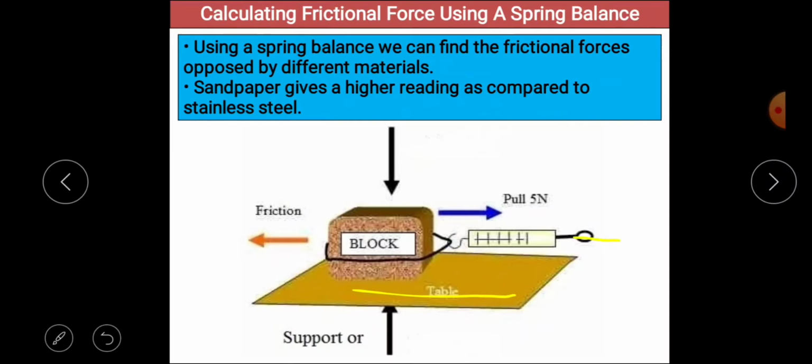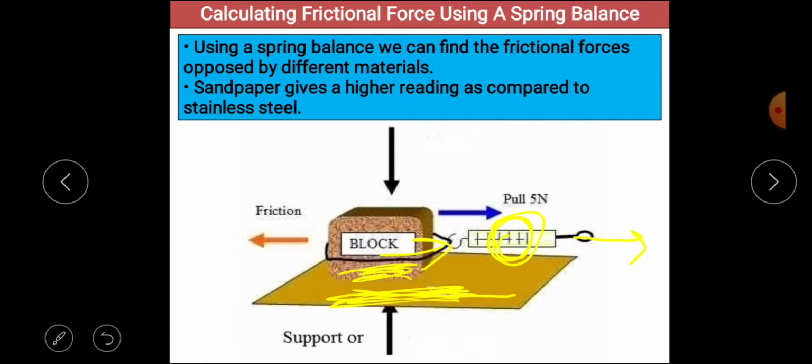Then when we pull it very slowly or with very little power, it may not move. We have to apply more force, and when it starts to move, we can see the reading at which it starts to move, and that will be the frictional force applied by the surface of the table and the surface of the block against each other.